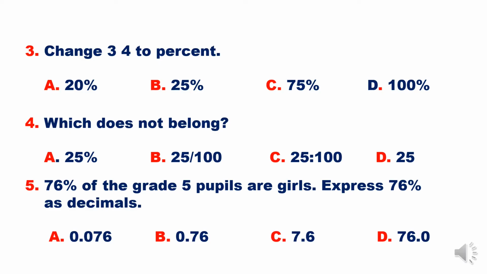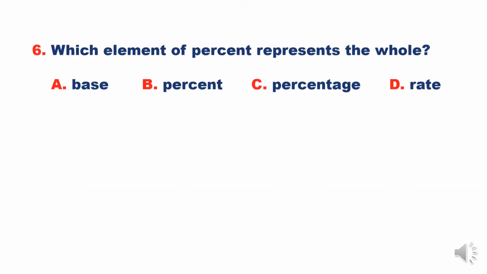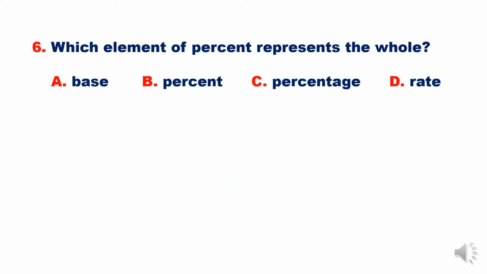A. 76,000, B. 7,600, C. 7 6/10, D. 76. Number 6. Which element of percent represents the whole? A. Base, B. Percent, C. Percentage, D. Rate.